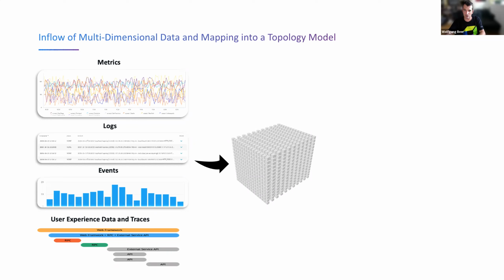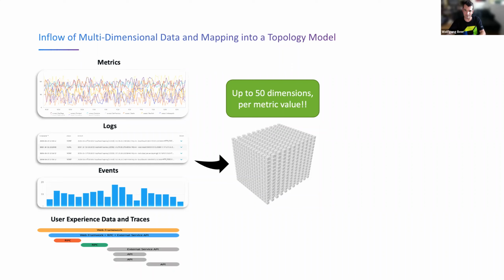In this case, I just showed a three-dimensional cube here, but in reality, even a Dynatrace custom metric that you can ingest can have up to 50 different dimensions per metric measurement, so per single measurement value that you send in.